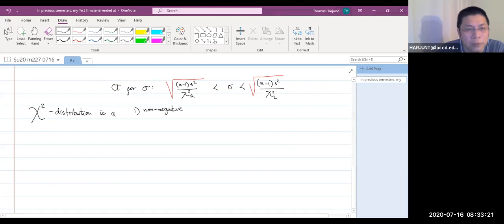Whatever the underlying population distribution, the variance will never be negative. That's why when they created the chi-square distribution, they use that square notation to emphasize that it is non-negative. Okay, it's a non-negative distribution.